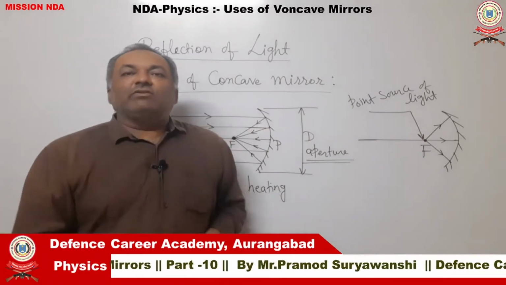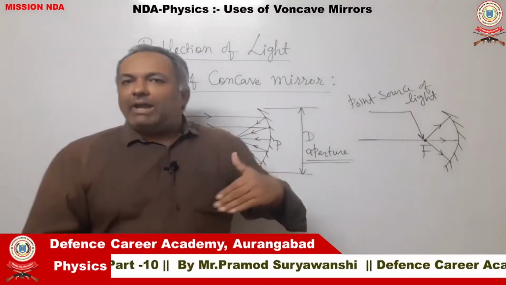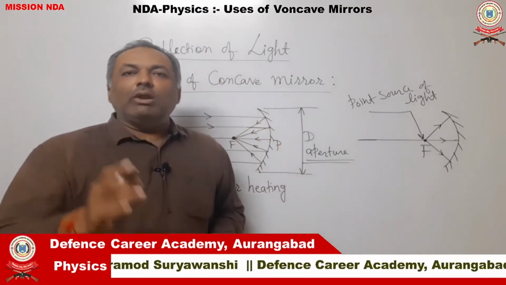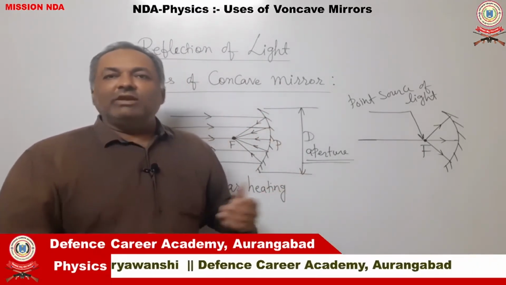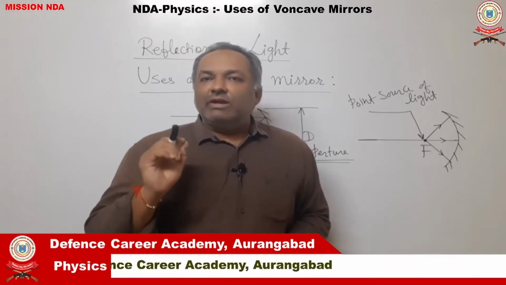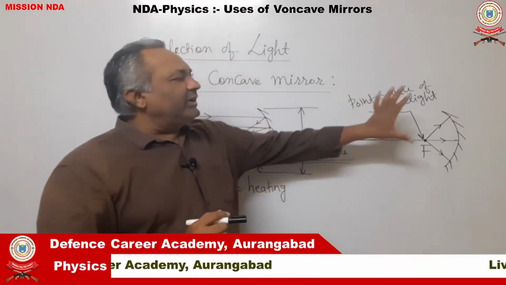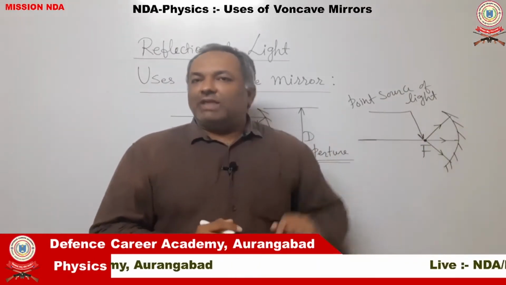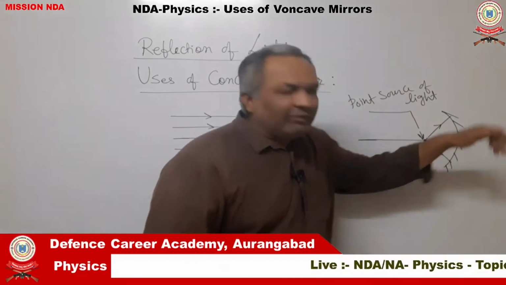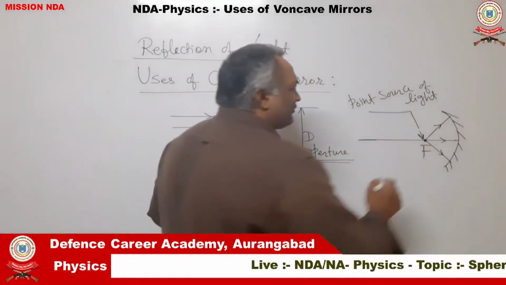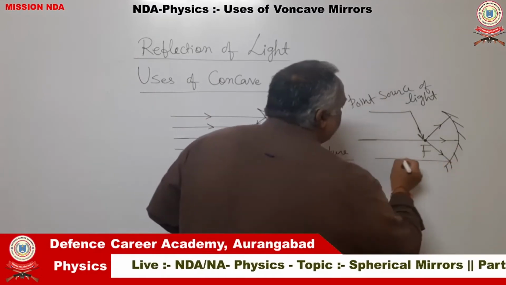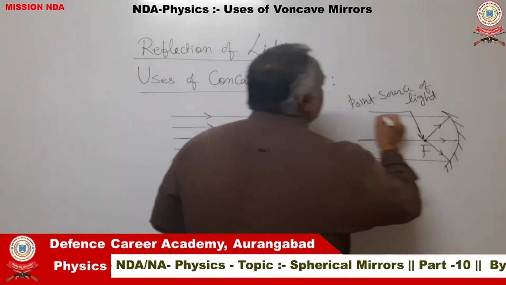So in that situation, let us remind ourselves of a simple ray diagram of a particular incident ray that we have seen in the previous videos. Whenever an incident ray is incident on a concave mirror such that it passes through the focus, after reflection the reflected ray will travel parallel to the principal axis.